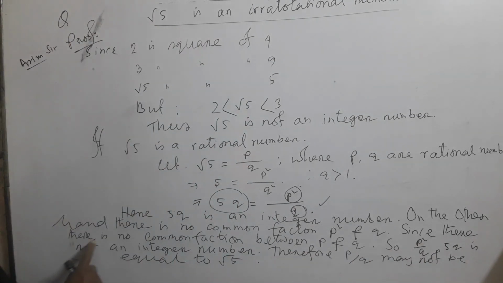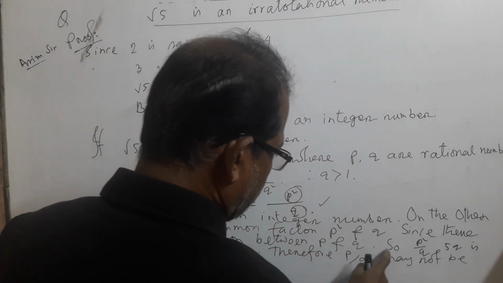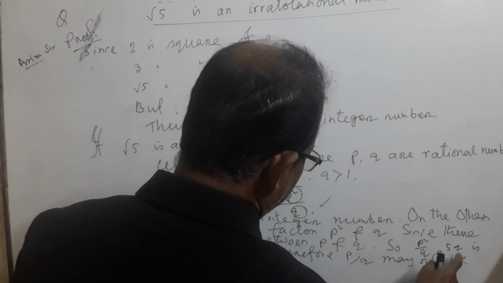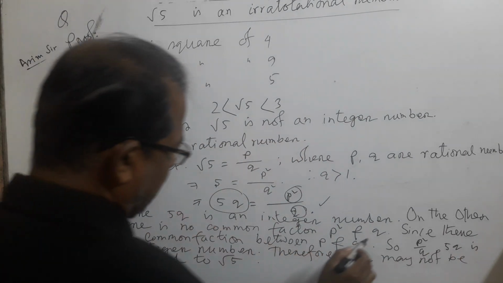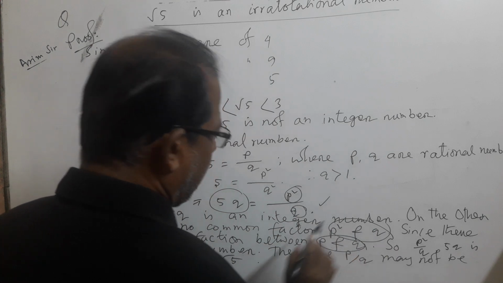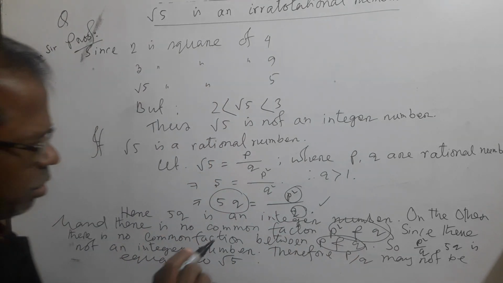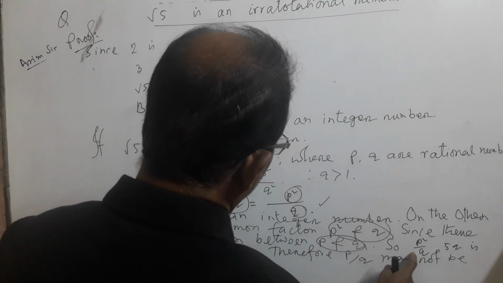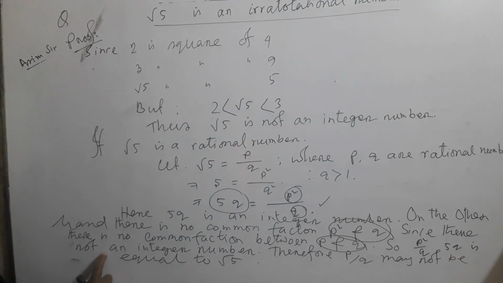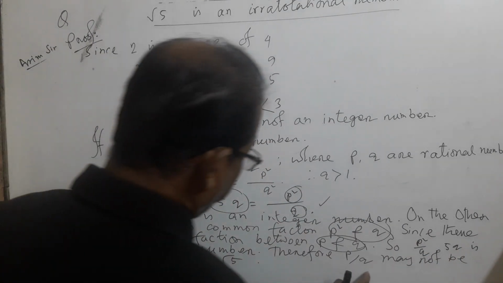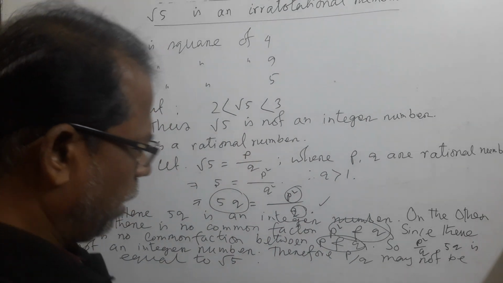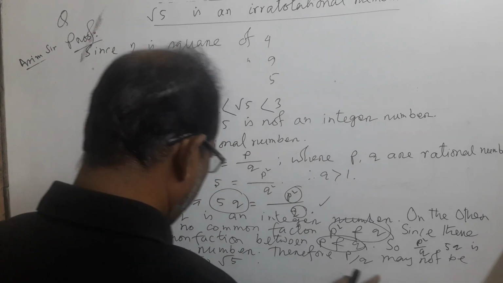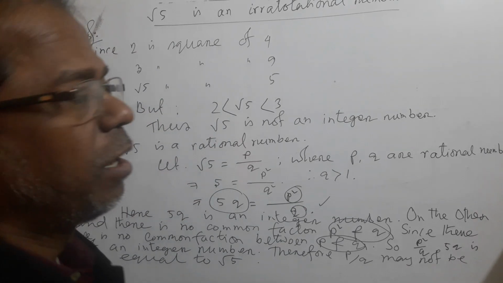Since there is no common factor between p and q, p square by q is not an integer number. Therefore p divided by q may not be equal to root 5.